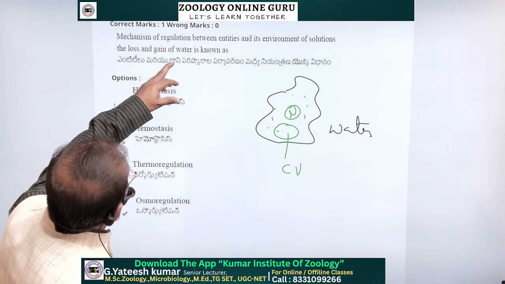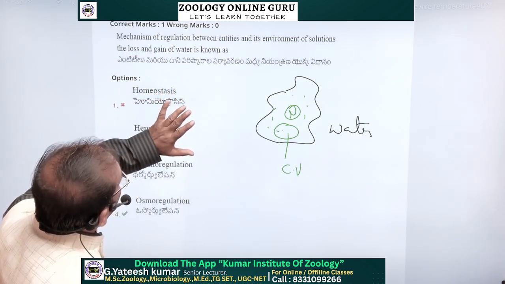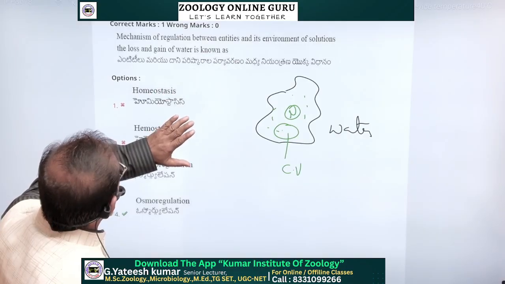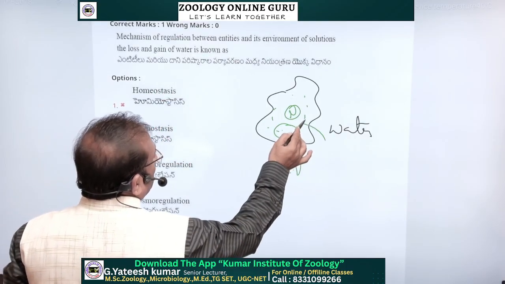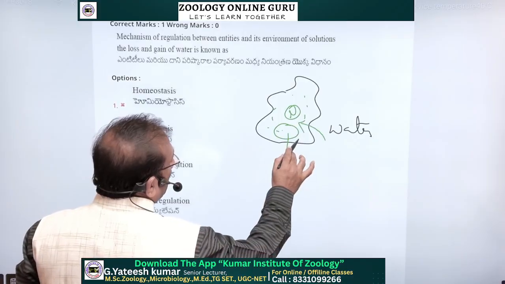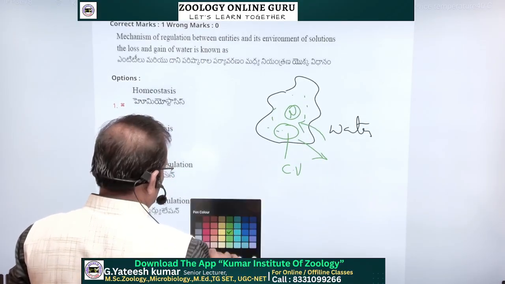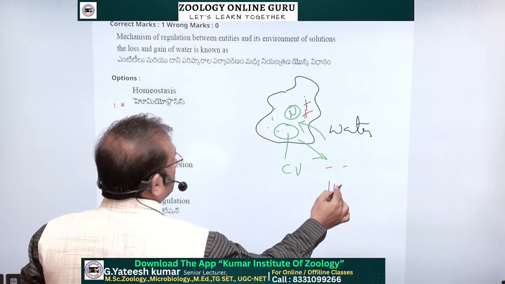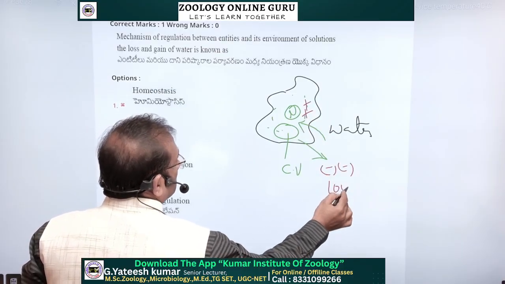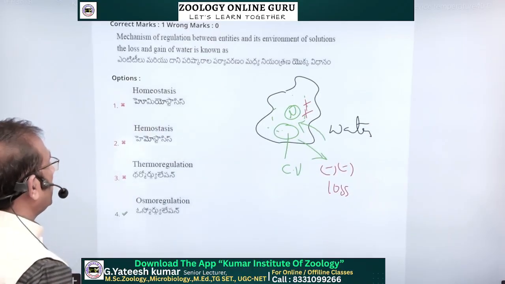Entry of water and loss of water. So this is gaining water, losing water. Water loss or gain is known as osmoregulation.